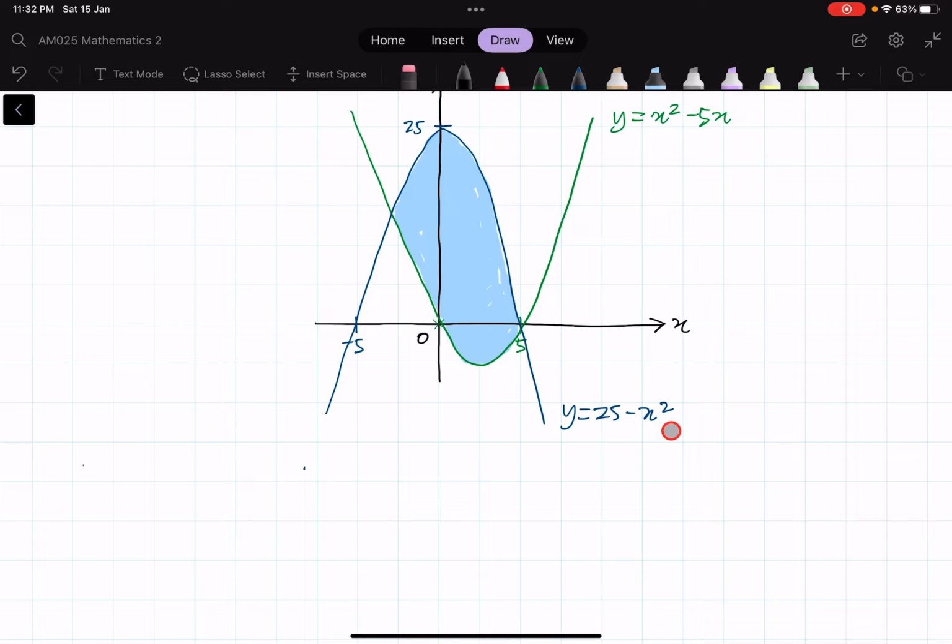We have x squared minus 5x equals 25 minus x squared. Bring everything on the right-hand side to the left-hand side.